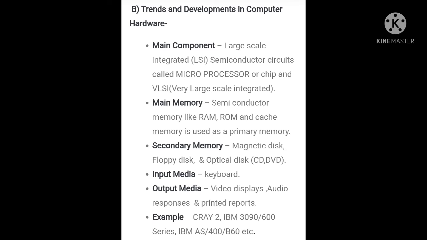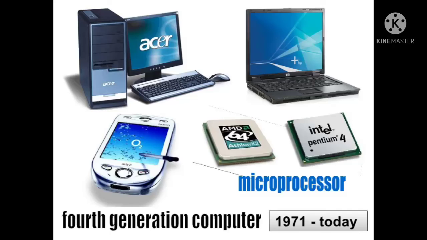Secondary memory, magnetic disk, floppy disk and optical disk, for example CD, DVD. Input media, keyboard. Output media, video displays, audio responses and printed reports. Examples: IBM 3090/600 series, IBM AS/400/B60, etc.